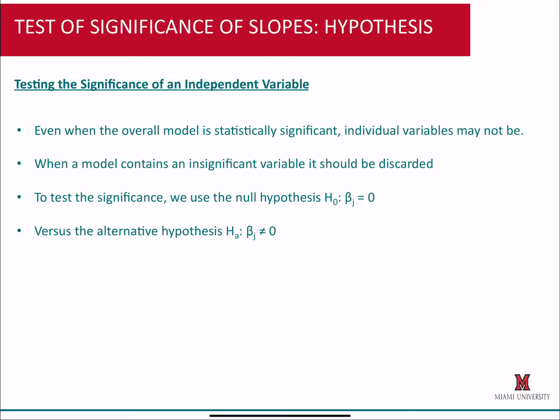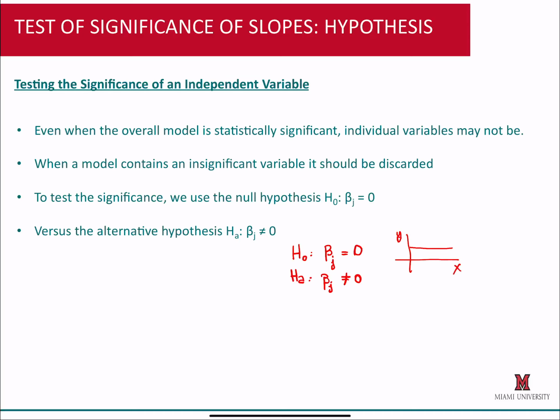We have the null hypothesis, which is that the slope of that variable, let's say it's j, is equal to 0, versus the alternative that that slope is not equal to 0. Okay? So remember, when the slope of a variable is equal to 0, that means there is no relationship between the variable and y.